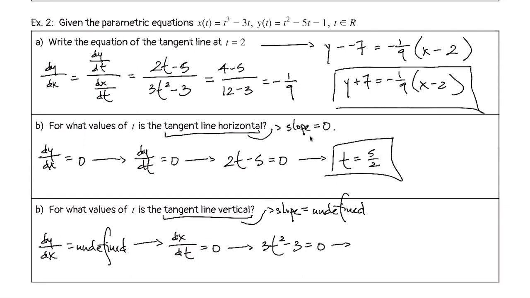So what I mean by that is I would factor out a 3, then I'm left with t squared minus 1, which I can factor into t plus 1 and t minus 1, and that would be what I want to equal 0. That means that the two values that make that have a tangent line that is vertical is t equals positive 1 and t equals negative 1.